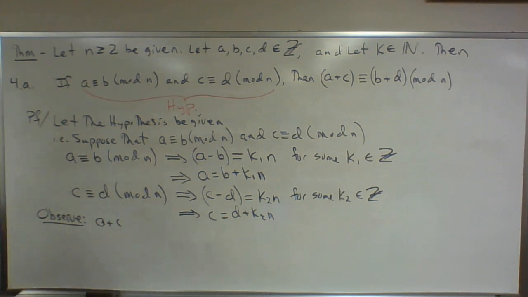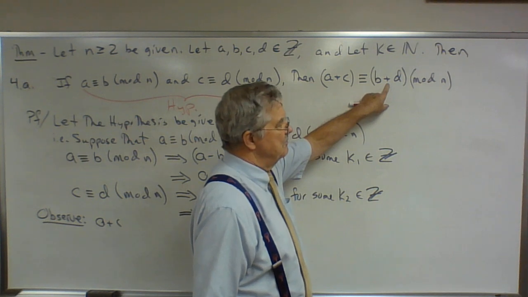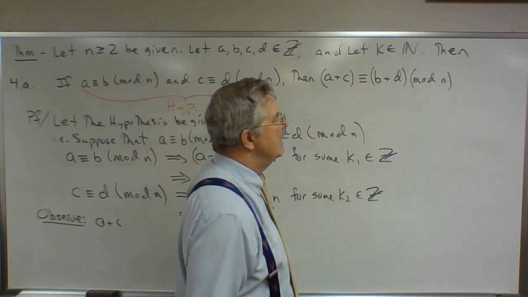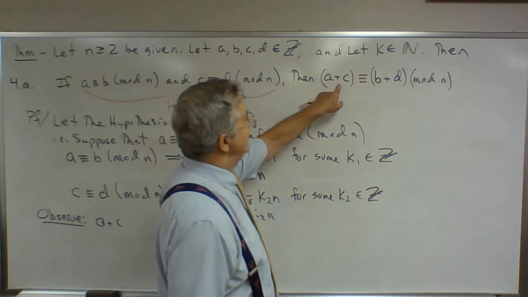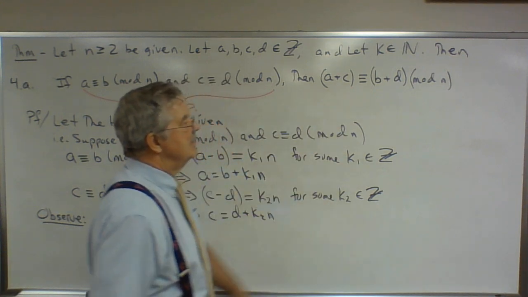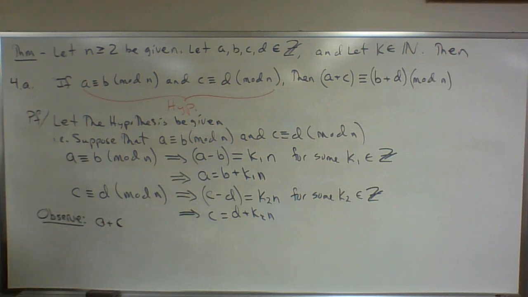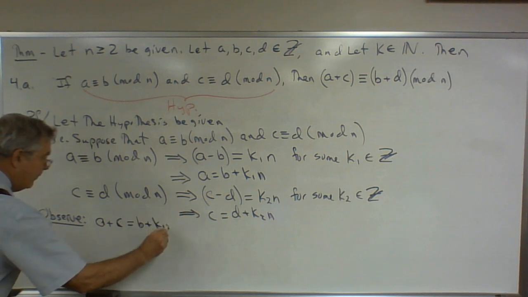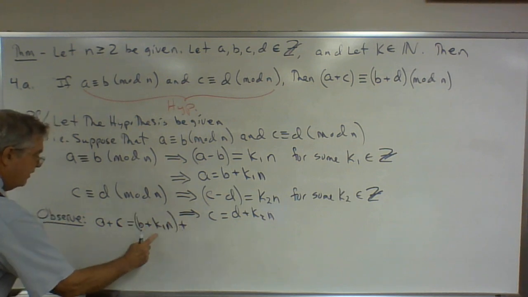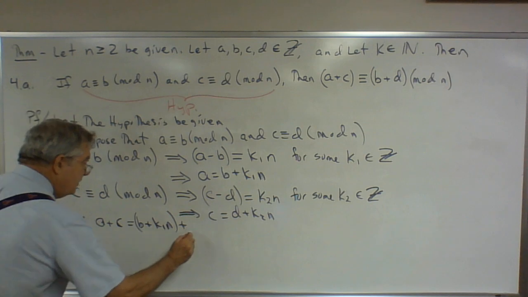I'm trying to show that A plus C is congruent to B plus D. So let me find out something about A plus C. A plus C, based on what I have written here, is equal to B plus k1 n, there's our A, and C is D plus k2 n.